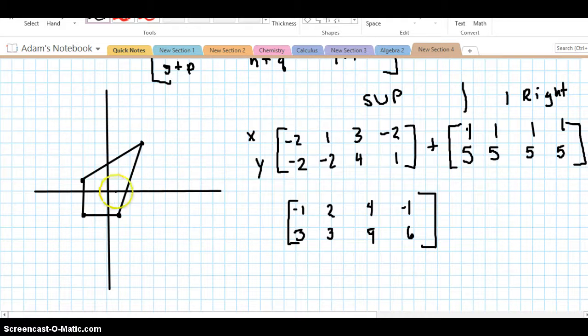Let's plot my points. I have -1, 3, 2, 3, 4, 9, and -1, 6.